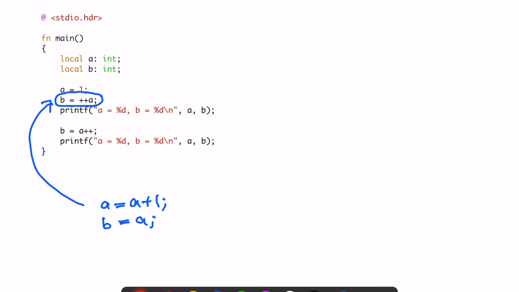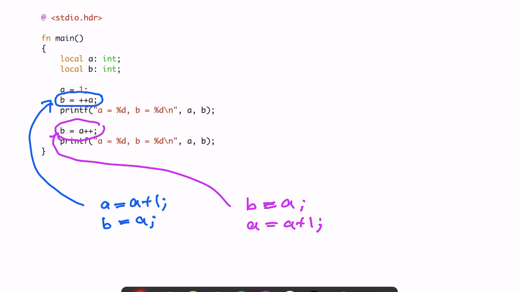And here I'm using the postfix ++ operator. And here the meaning of this statement can be described as: we first assign to b the current value of a, and afterwards we increment a. And that means here we will see that a has the value 2 and also b.